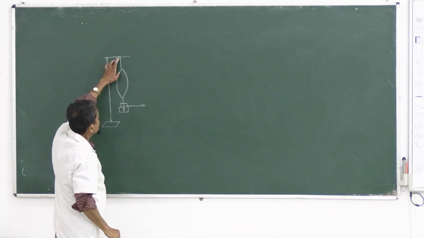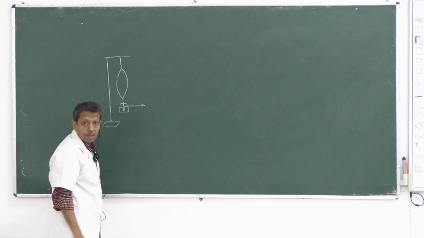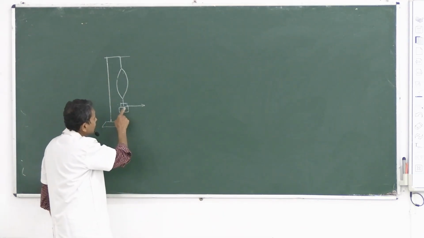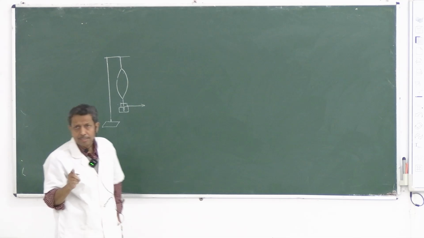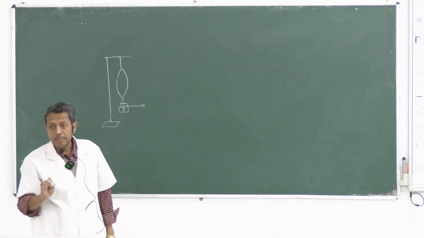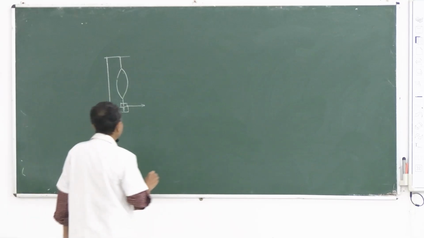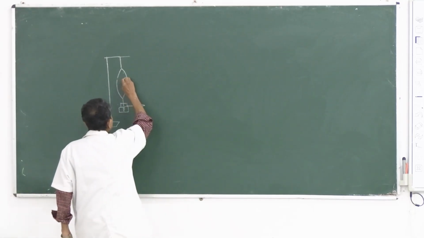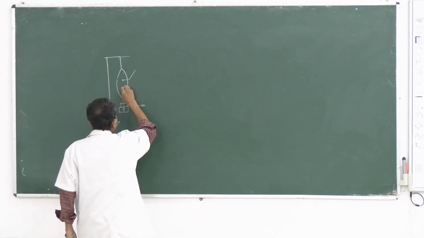You can change the length of the muscle, and at every length the passive tension and the total tension can be measured, and the muscle is stimulated by these electrodes.